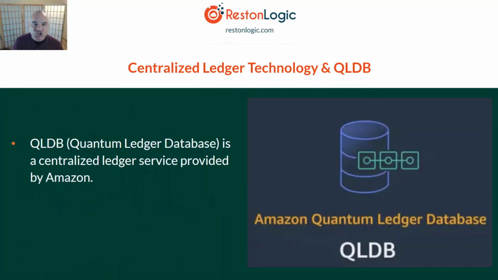So I mentioned that centralized ledger technology provides a lot of benefits with a small risk associated with centralization. Now, I also said that if a centralized ledger is properly managed, then those risks are minimized.